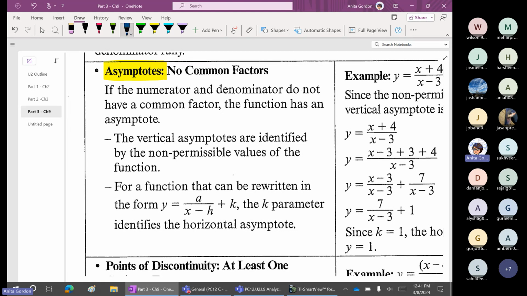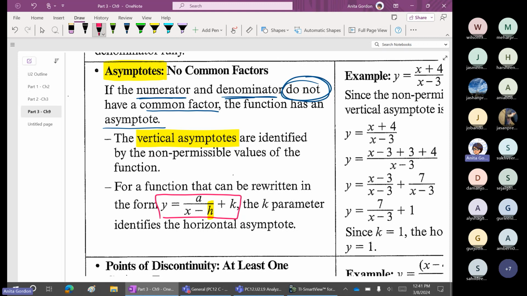So when we are given a function, if the numerator and denominator do not have a common factor, then we know that there is a vertical asymptote at the point that makes the denominator 0. Essentially, if we have it in this standard form, where we can see all the different transformations, this letter H represents our horizontal asymptote.